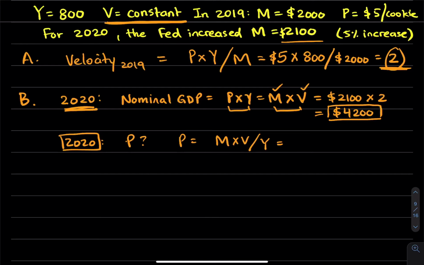So money times velocity we know is 4,200. So we're going to divide $4,200 by 800, which gives you $5.25. So the next thing we want to do is calculate the inflation rate.